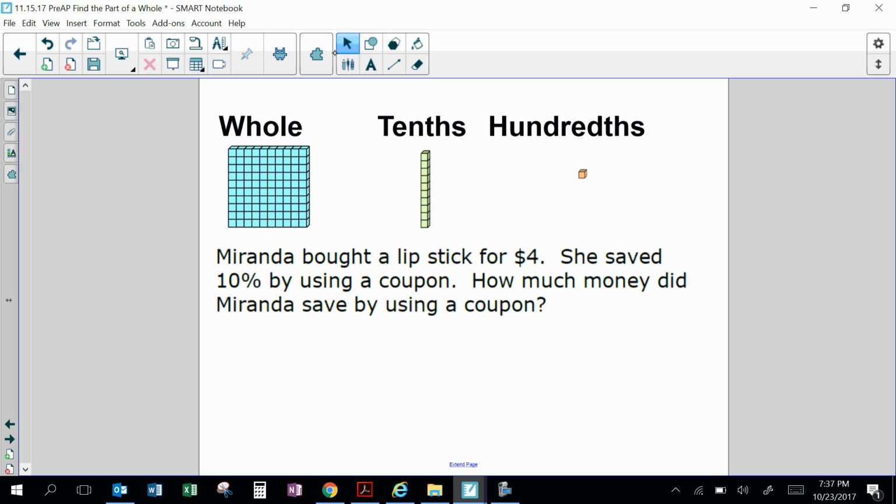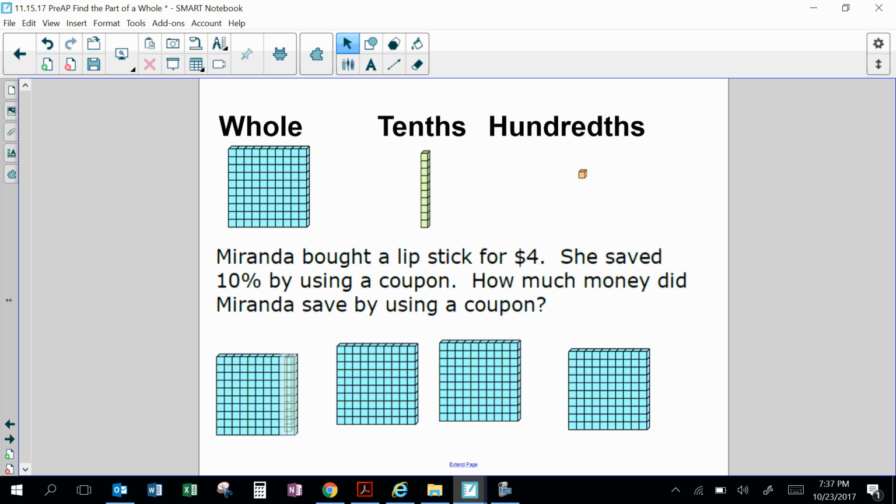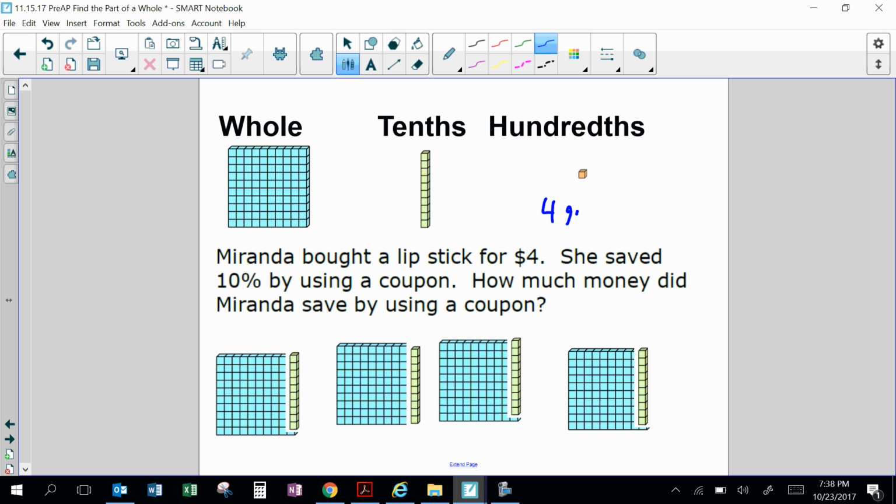Linda bought a lipstick for $4. So this represents 4 whole dollars. She saved 10% by using a coupon. So I'm showing 10% of each whole. How much money did Linda save by using a coupon? So she saved 4 groups of 10%, or 4 times, and how do you say this as a decimal? 4 groups of 10 hundredths, or 40 hundredths.